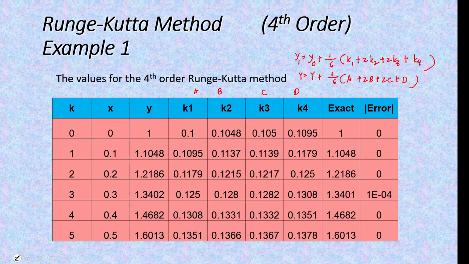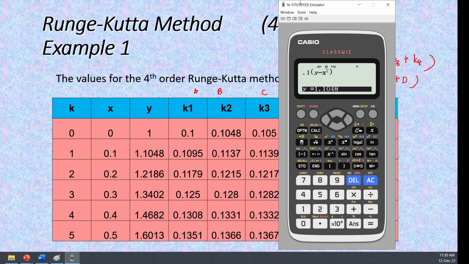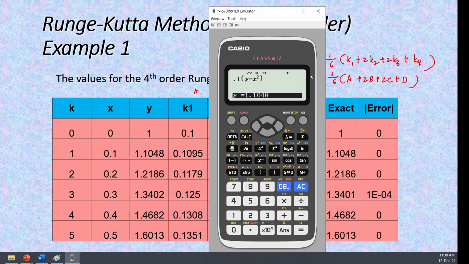Look here, you're going to calculate k1. Because last time the memory may have had some value for y, 1.1048, I calculate initially y.